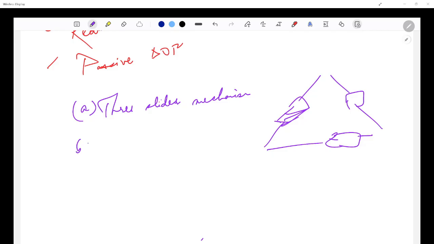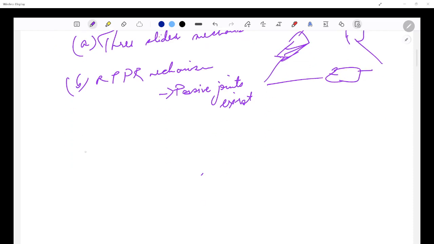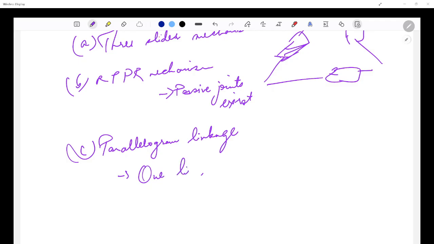Then you might also remember the RPPR mechanism. In this, passive joints exist. Then there is also the parallelogram linkage, where one link is redundant.